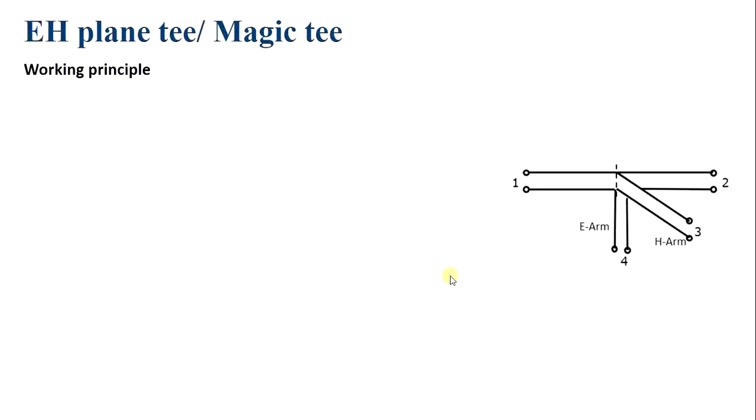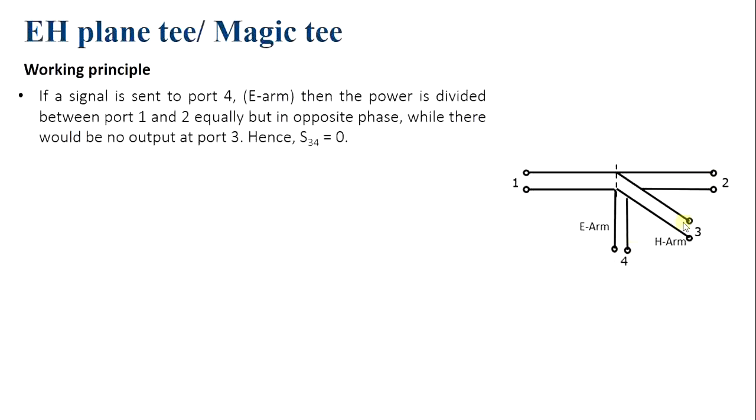and now we will move to the working principle of magic T. Consider this interpretation of magic T with port 1, port 2, port 3 and port 4. So if a signal is sent from this port 4, the power is divided in between port 1 and port 2, but in opposite phases, while there will be no output at this port 3.